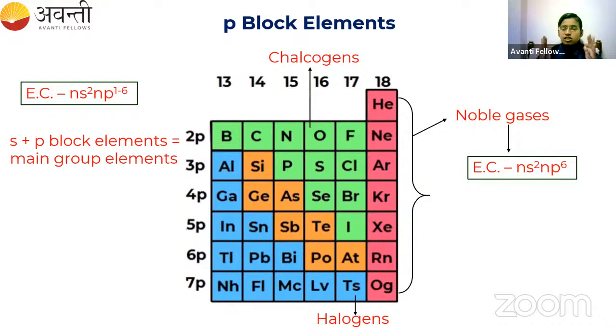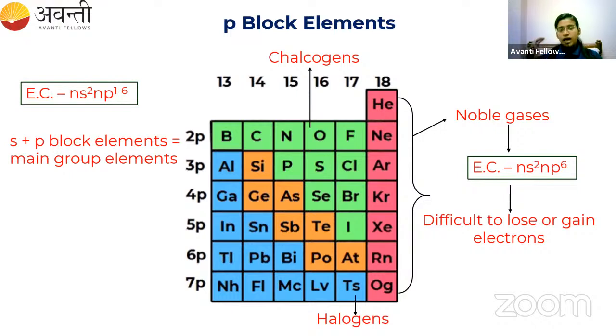So for the 18th group elements, it is very difficult to lose or gain electrons. So they will not react with anyone because they are not in the capacity to gain or lose electrons.